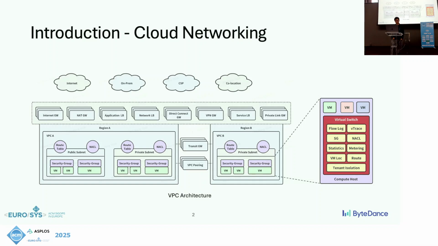There are a bunch of functions there, but some of them the cloud user may not really be able to see, for example, tenant isolation and VM location. But they do exist in the virtual switch when the cloud provider provides the cloud network functions to the users.